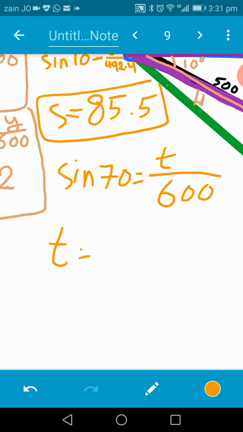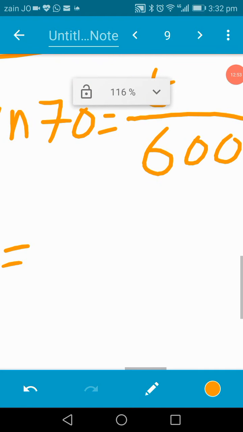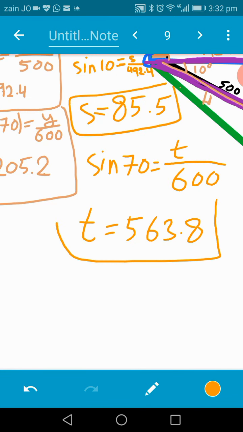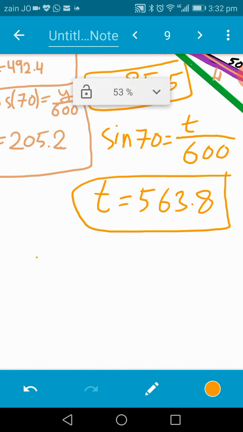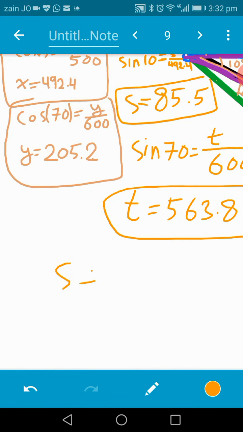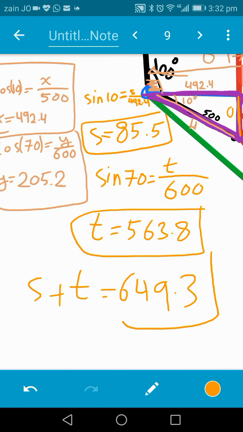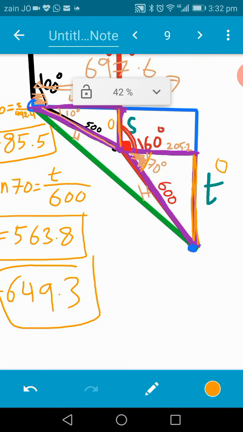So now T equals 563.8. This is T. Now add S plus T, 85.5 plus 563.8, you get 649.3.